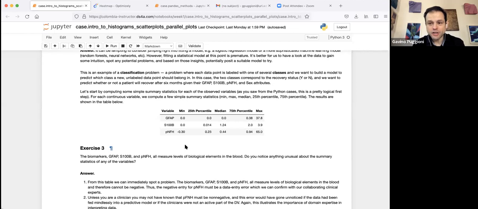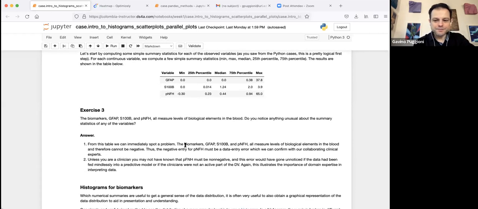You need to do some kind of exploratory data analysis and summary statistics to immediately identify a problem like this. Otherwise, you would have high risk of running a model, running analysis that will give you misleading answers. Okay?